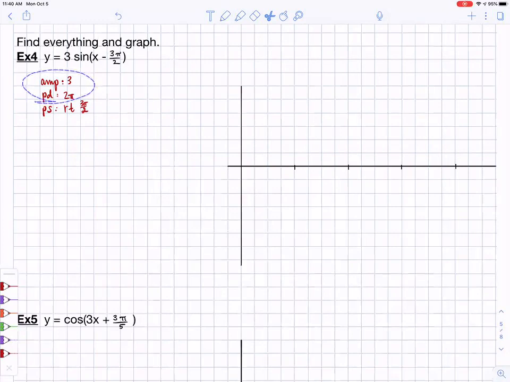If I'm only looking at the amplitude and the period, how far out am I going to go? I'm going to go out to 2 pi. Okay. Now think about the shift. If I'm going to go out to 2 pi, so my ending is at 2 pi, and then I'm going to shift everything to the right, what's going to happen here as far as paper is concerned? The paper you're looking at, what's going to happen?